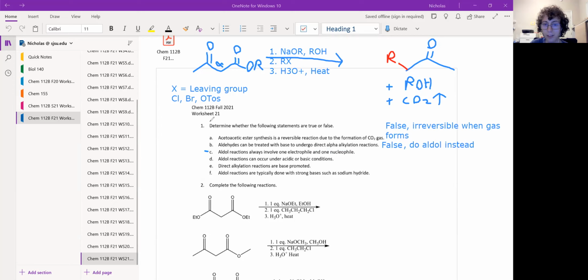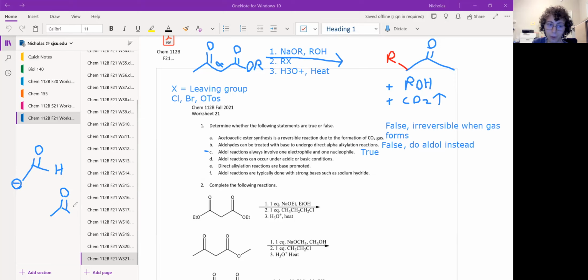The next question is, aldol reactions always involve one electrophile and one nucleophile. This is true. I'm gonna go over the mechanism in a bit. But if we had acetone, or I'll do both, if we had acetaldehyde, one component of the reaction would be an enolate where we've deprotonated the alpha proton.